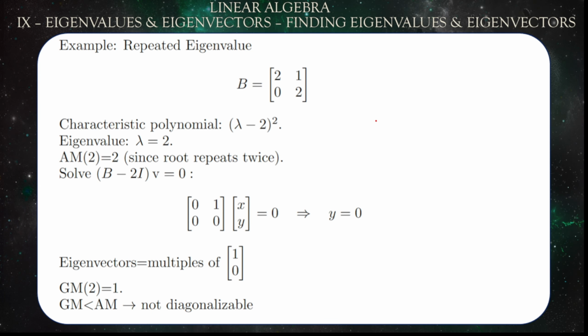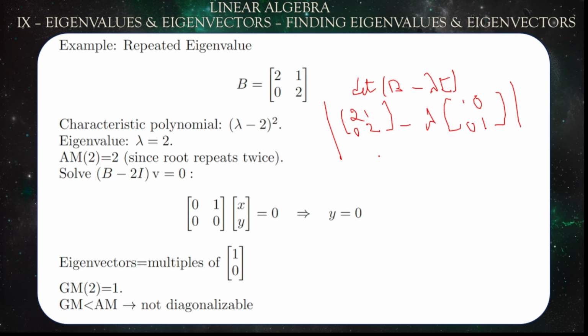the characteristic equation, which is the determinant of B minus lambda I, which is [2, 1; 0, 2] minus lambda times the identity matrix, which is [1, 0; 0, 1].